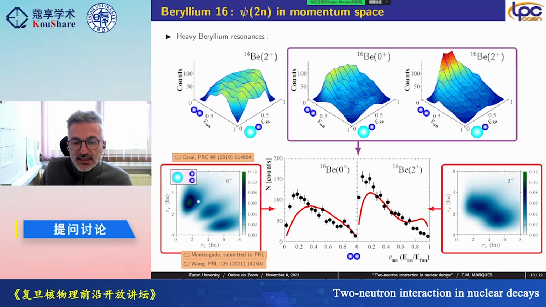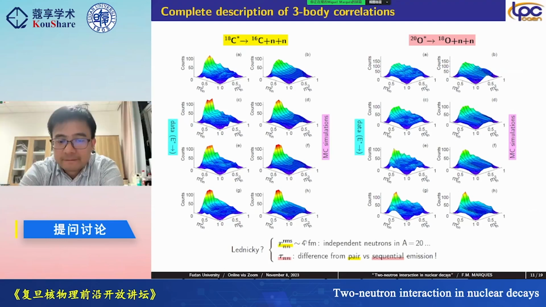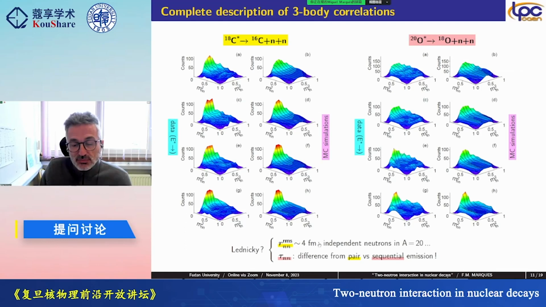But this number has nothing to do with when Casal calculates his average distance between neutrons in the wave function. It doesn't agree with the simple model. And for example, here it worked. That's why when Aldrich applied this to the continuum of carbon-18 and oxygen-20, he had an average distance of about 4 fermis. That seems logical for nuclei of this size.